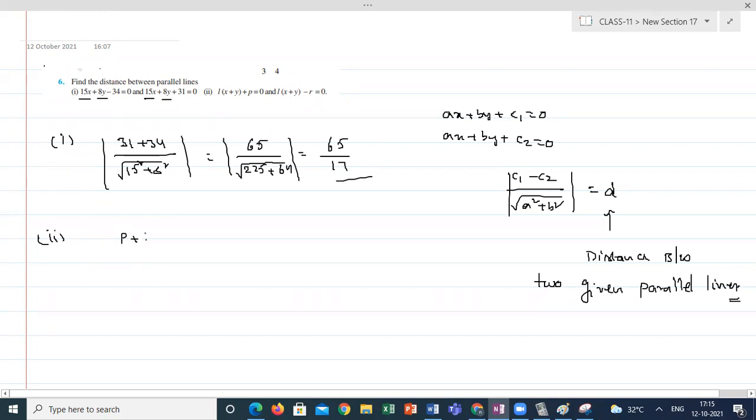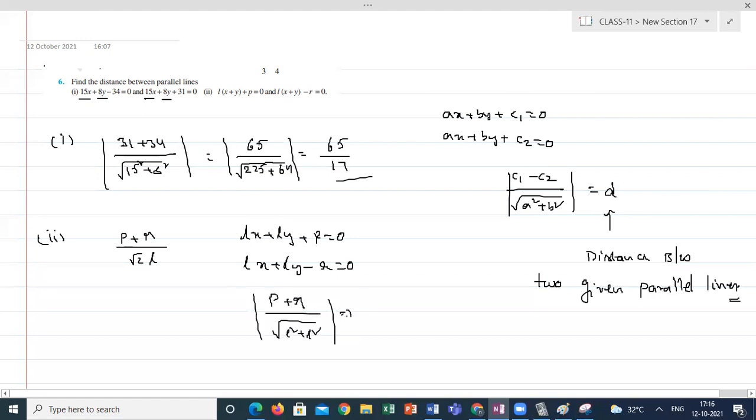What was the second question's answer? Straight away, I'm saying P plus R by L root 2, sir. L root 2 or root 2L? Because the given question is Lx plus Ly plus P is equal to 0 and Lx plus Ly minus R is equal to 0. So P minus of minus R, P plus R divided by modulus of square root of L square plus L square.